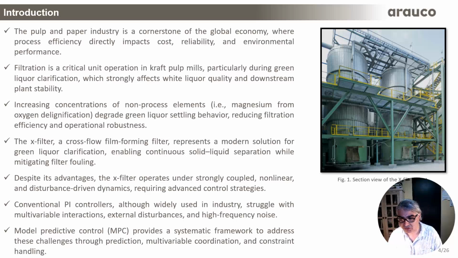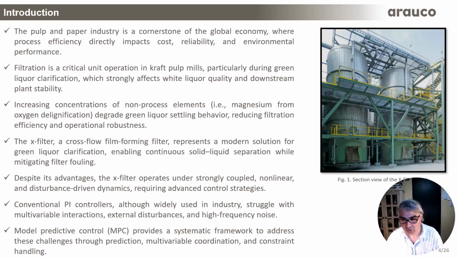As modern mills operate under tight environmental and production constraints, the accumulation of non-process elements such as magnesium from the oxygen delignification plant has increasingly degraded traditional settling and filtration performance.